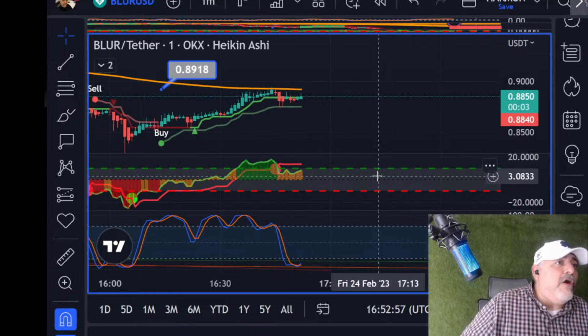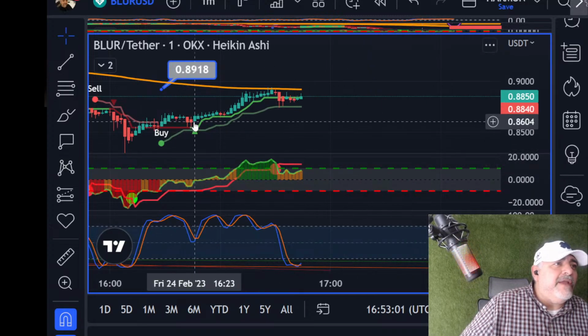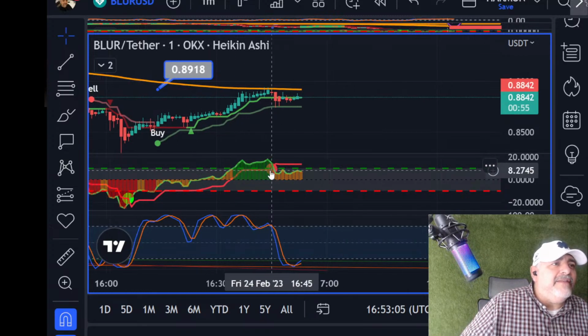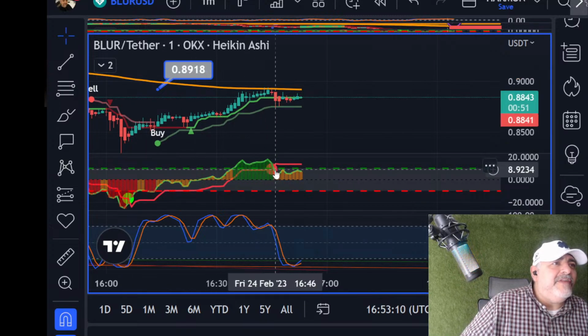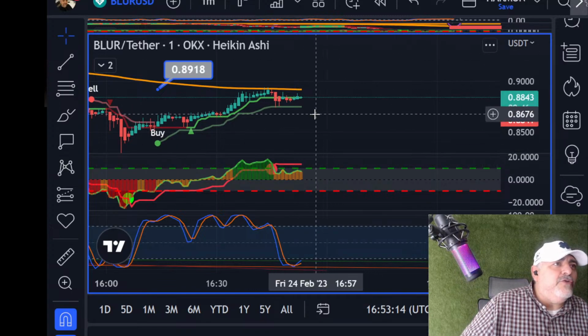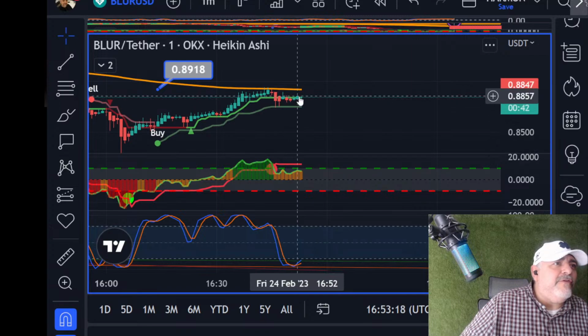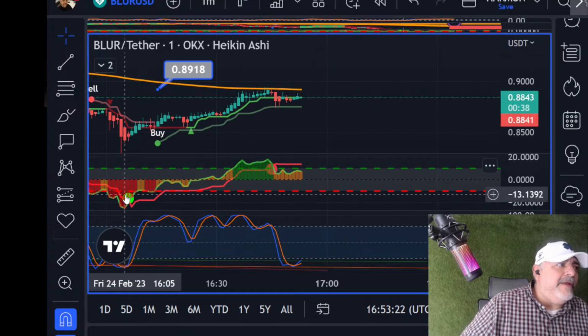This could go long. Right here, you have a green moon and a green trend. It goes from green moon to red trend. What is that? That is a moon reset. The moon is resetting its position. If this moon goes green, then it's a long and you ride this long. If this moon stays red and it goes trend red, then we're in a short. Do you understand? Moon reversal, right?